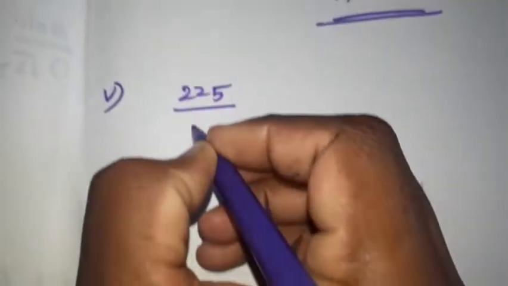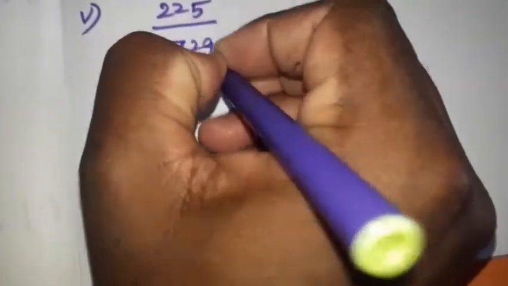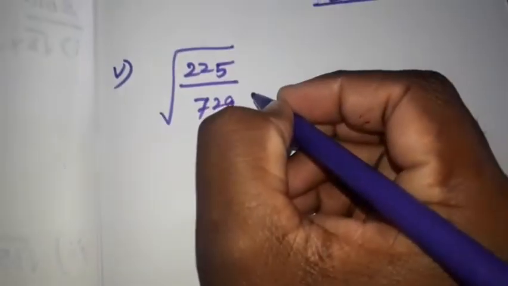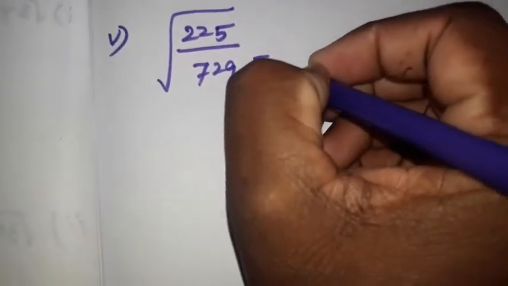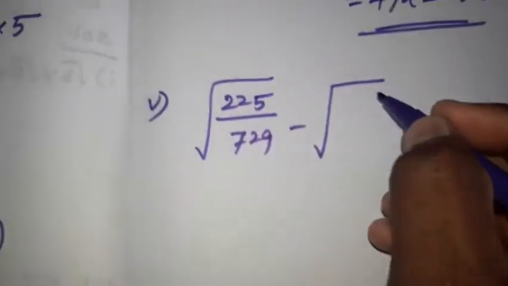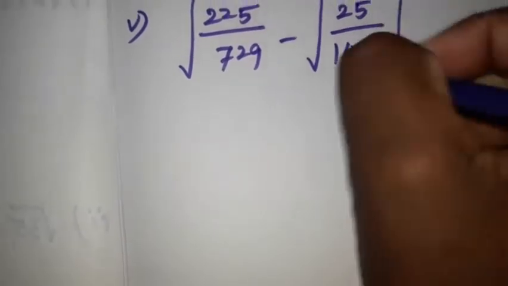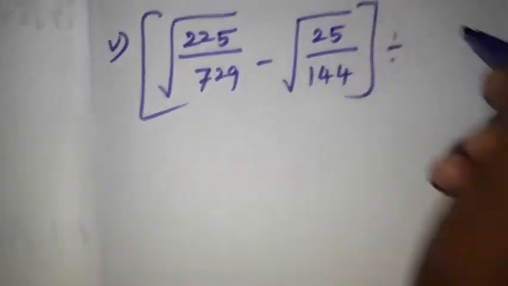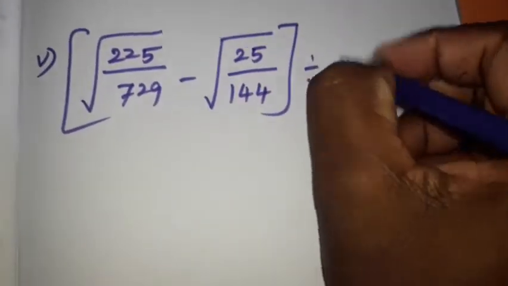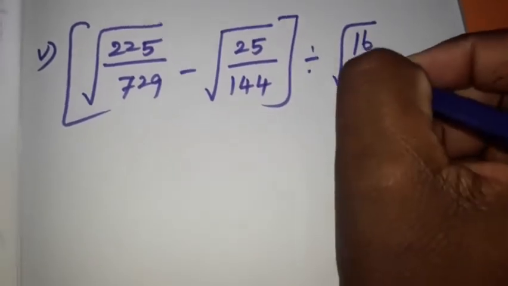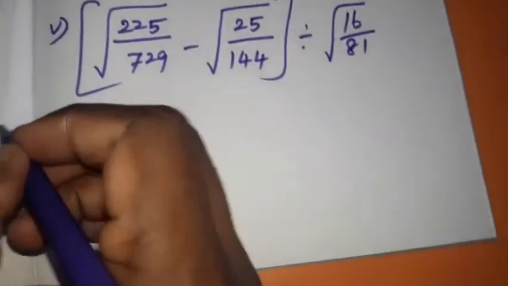Next, see the fourth one: root 225 by 729 minus root 25 by 144, whole divided by root 16 by 81. Now, very simple.